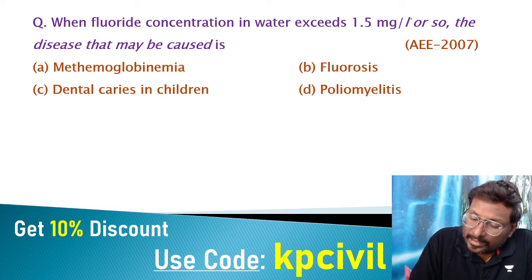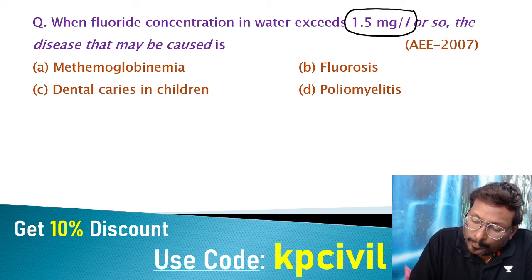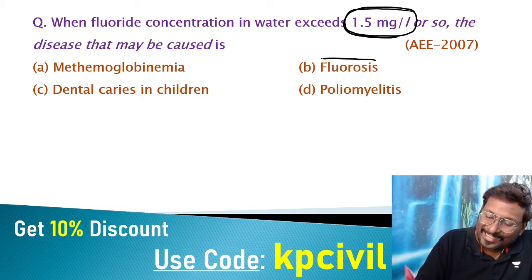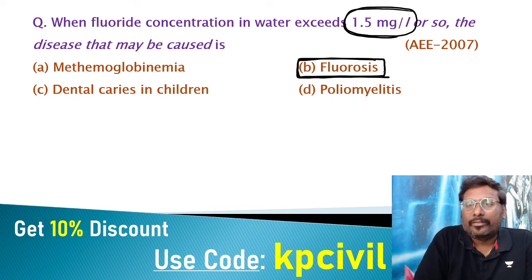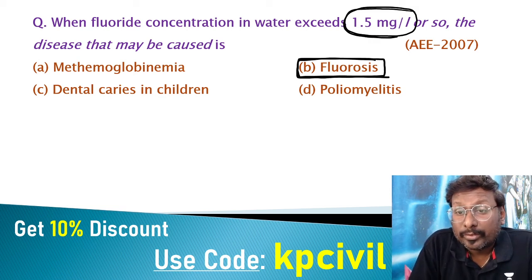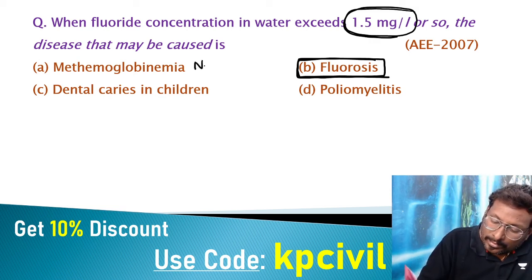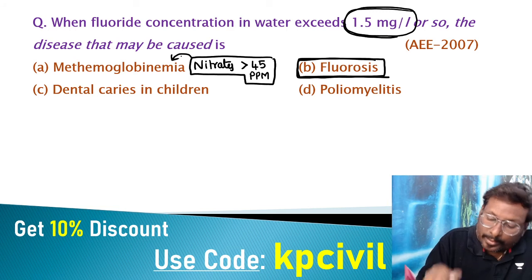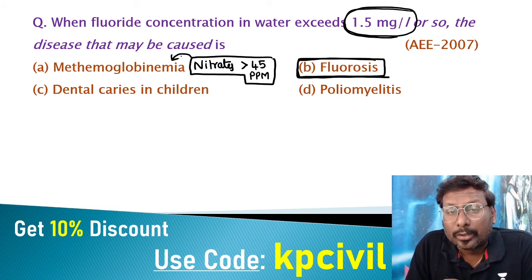When fluoride concentration exceeds 1.5 ppm, the disease that may be caused is fluorosis. Nitrates in water greater than 45, converted nitrates to nitrites, that lead to methemoglobinemia.